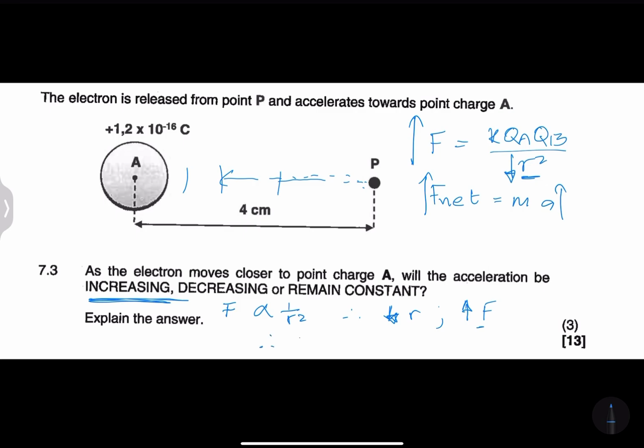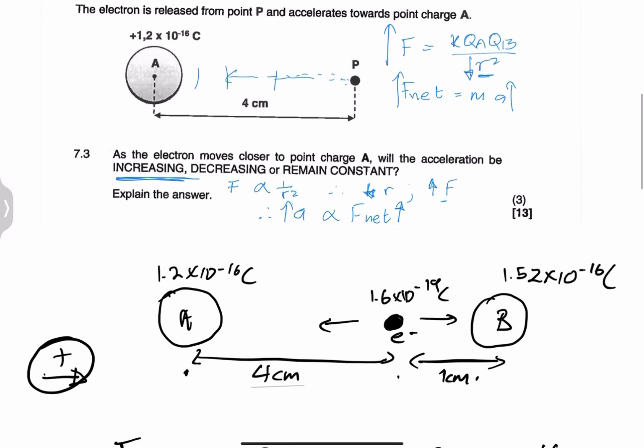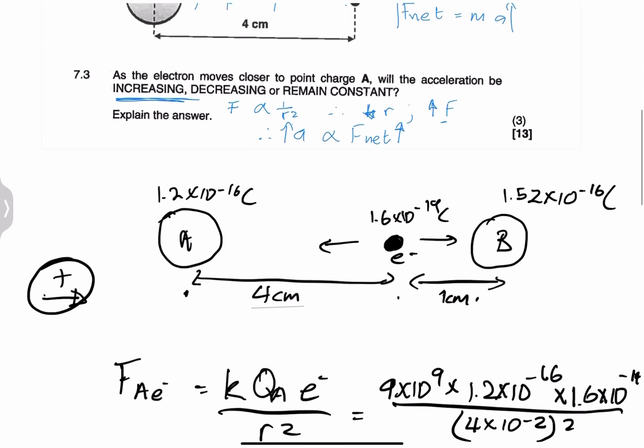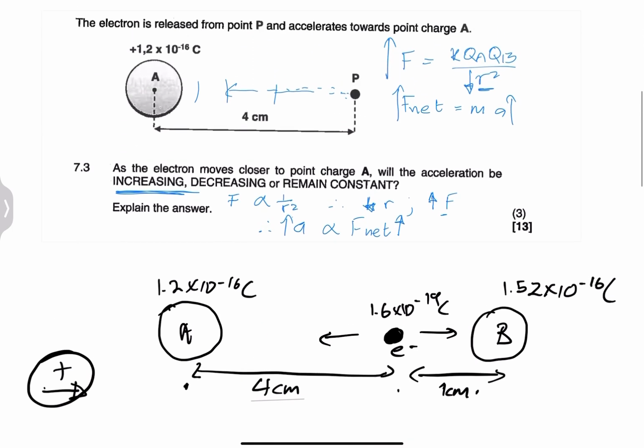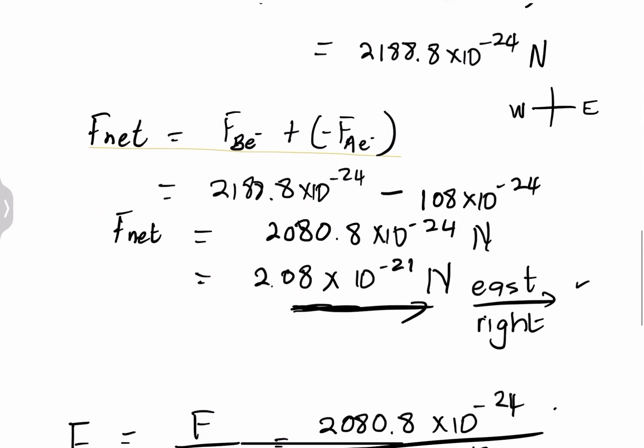So according to Newton's second law, acceleration is directly proportional to the net force. The greater that force becomes, the greater the acceleration becomes. I hope that made sense, ladies and gents. And essentially, when it comes to this question, that is really how the cookie crumbles. I hope that you are able to follow and understand.